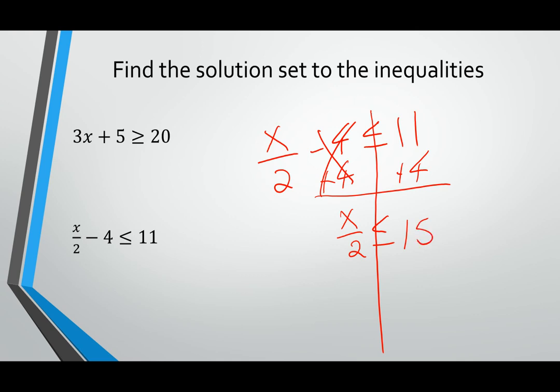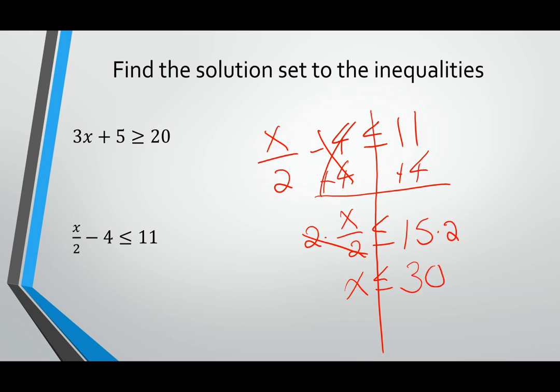So far, so good. Now I got to get rid of that 2. Right now it's x divided by 2. Again, opposites. So the opposite of dividing by 2, you guessed it, multiplying by 2. Multiply both sides by 2, we end up with x by itself, still less than or equal to, and then 15 times 2 is 30.